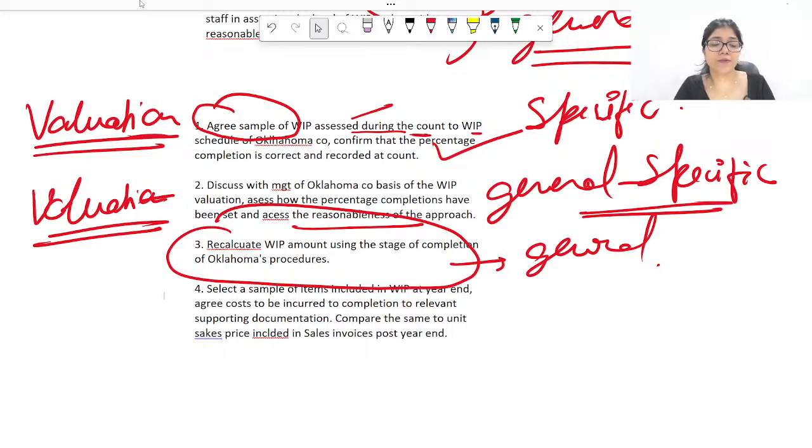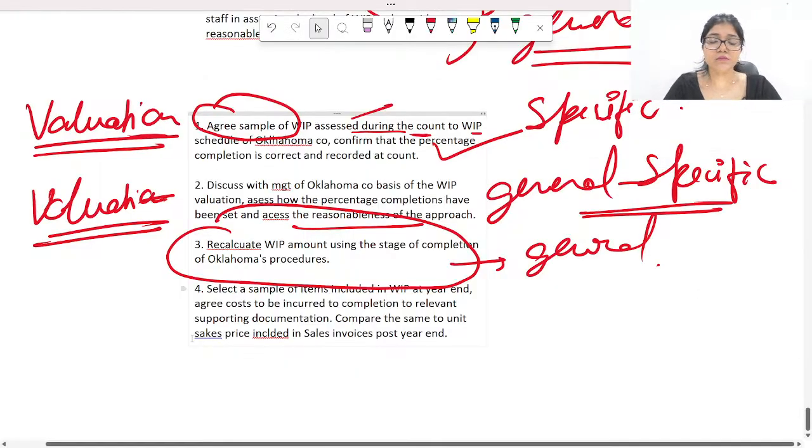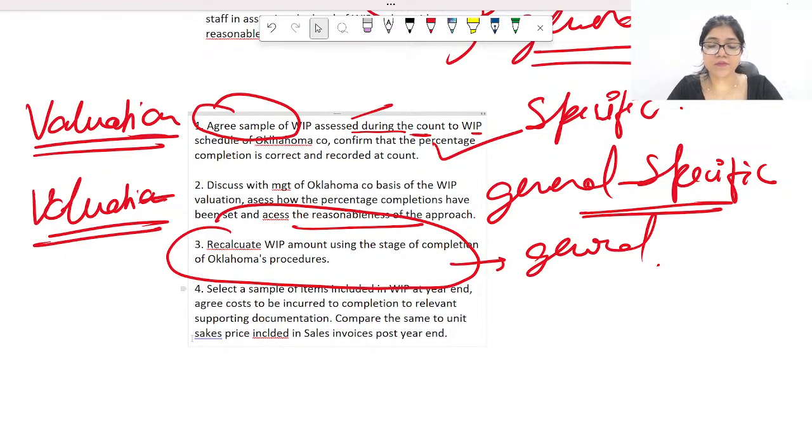Amount. Which amount? I don't think there was any amount given for work in progress. Was it? No. No, Nasir, not amount.